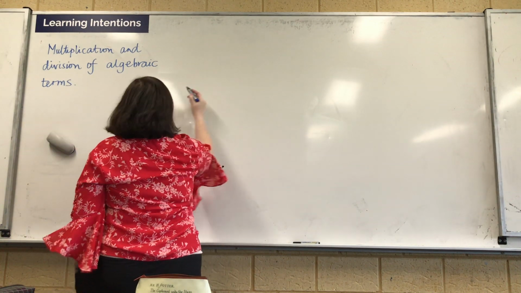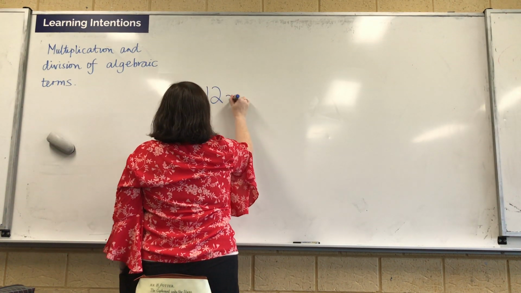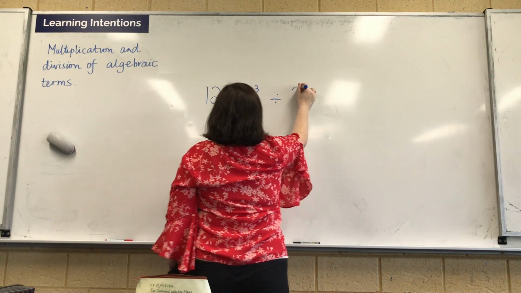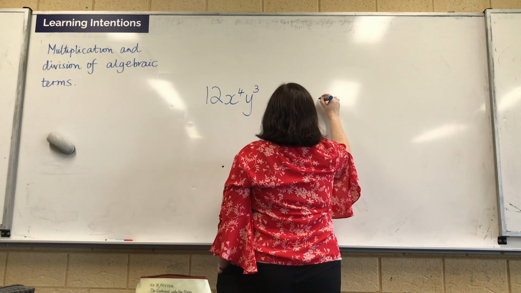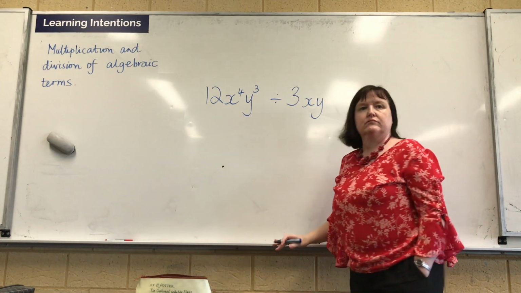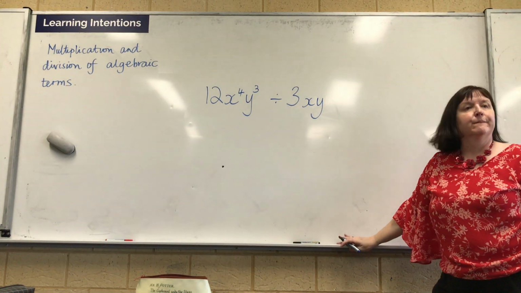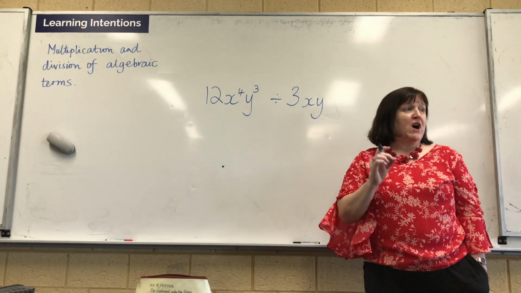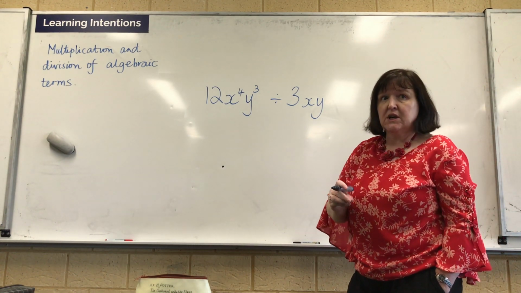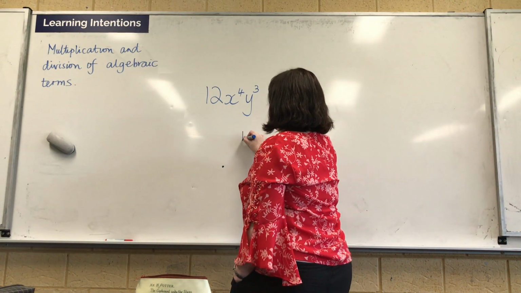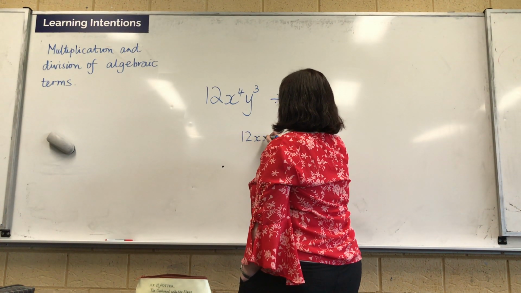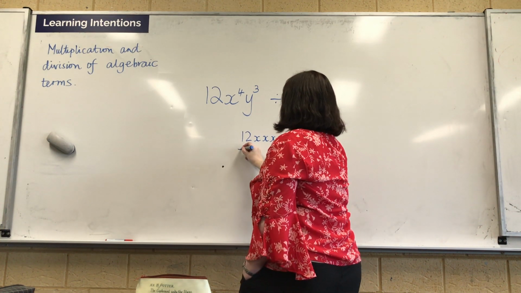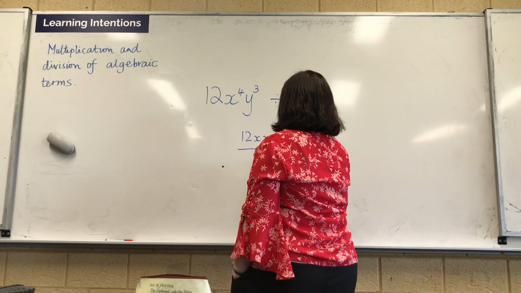Let's have a look at something a little bit more complicated. So 4x to the 4, y to the 3, divided by 3xy. So again, write it as a quotient in expanded notation. So 12x, x, x, x, y, y, y, over 3xy.